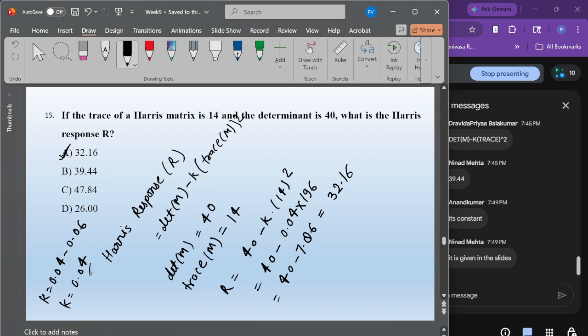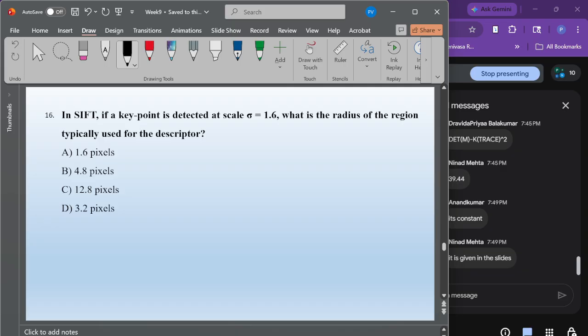Okay, so now moving to our next question. In SIFT, if a key point is detected at a scale of sigma that is 1.6, what is the radius of the region typically used for the descriptor?